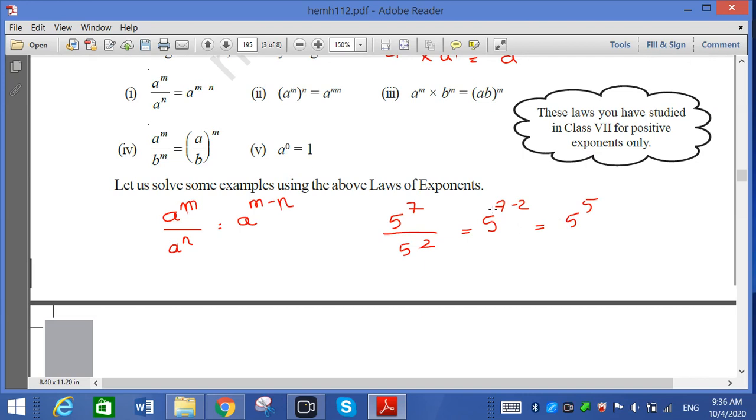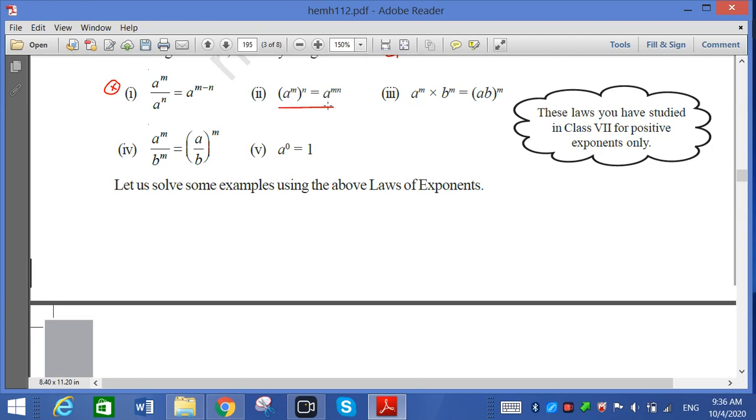These are the exponent laws related to the first lecture, that is basic maths. At that time I also discussed all this. Now here is the power of a power: I have to multiply the powers, m into n, that is a to the power mn.